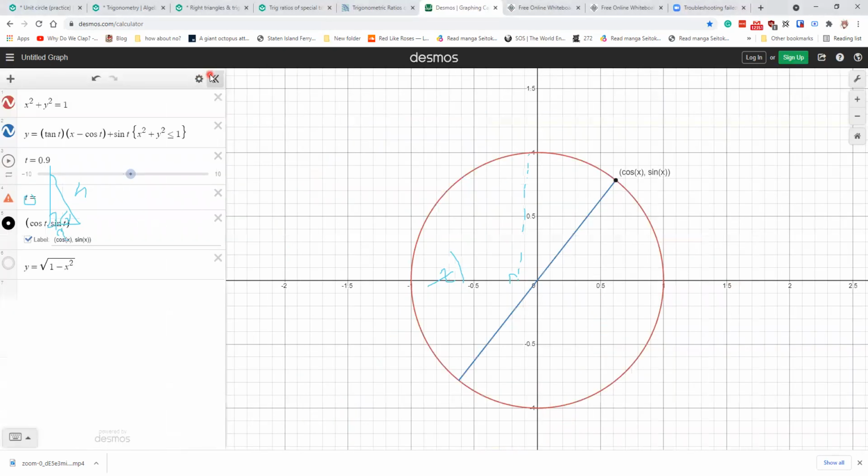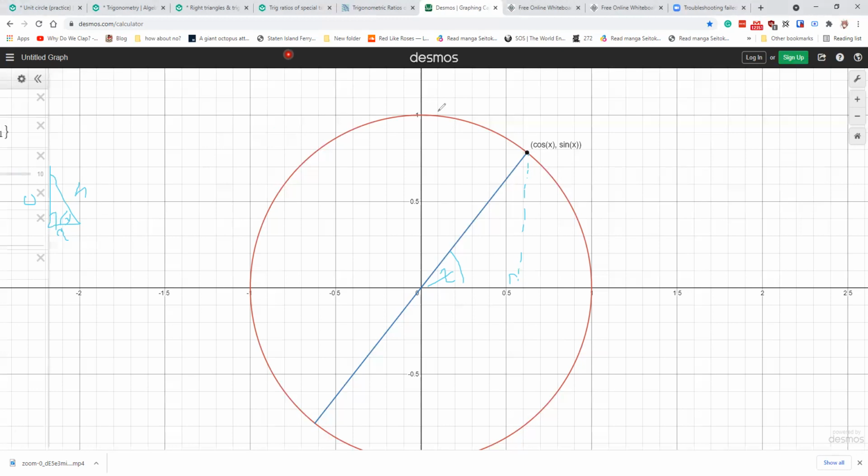there is one last thing I'd like to mention, and that is, remember the distance formula between 2 points. The distance formula is equal to the square root of the difference in x squared, plus the difference in the y-coordinate squared.